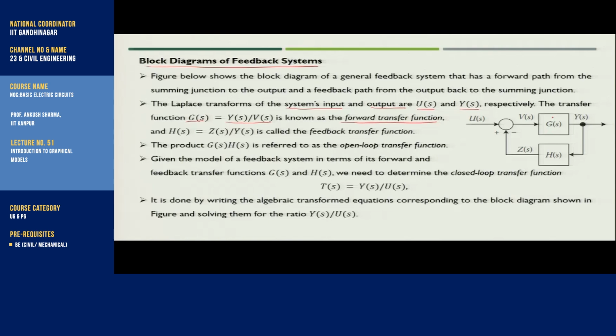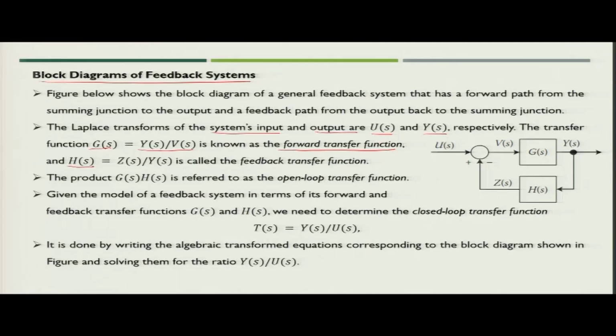So, G(s) is called the forward transfer function, while in case of H(s), that is the transfer function for the feedback loop, you will have H(s) as Z(s) upon Y(s). So, this particular transfer function is called the feedback transfer function.